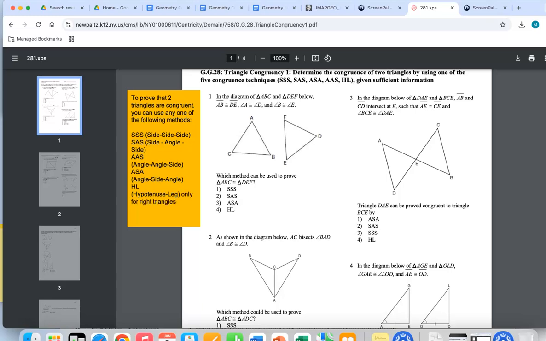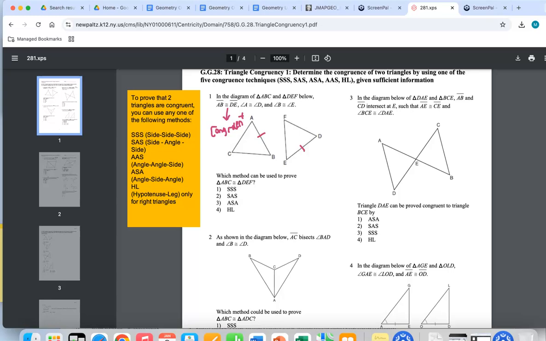All right. So with that said, let's look at this example. It says AB is congruent to DE. This symbol means congruent. It basically means that line segment AB is the same measure as line segment DE. So we could put a little tick mark on AB and DE.